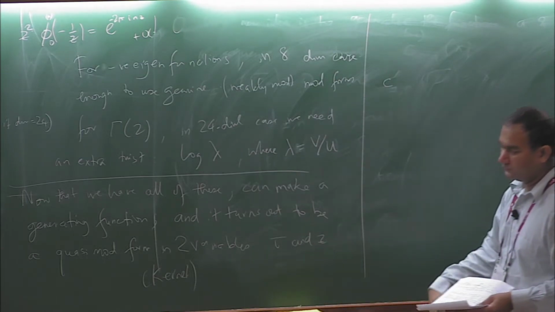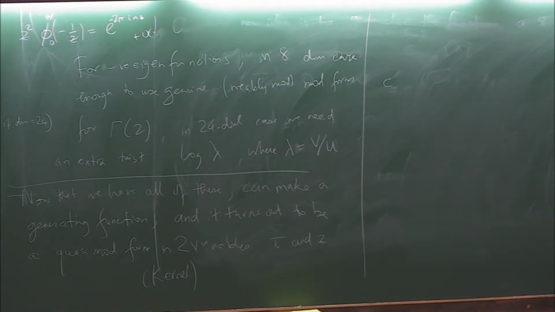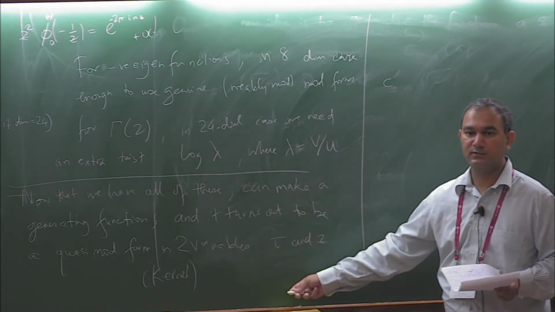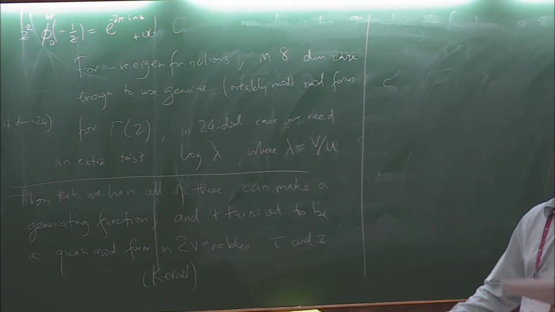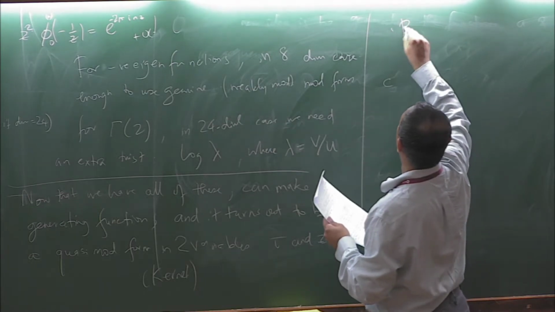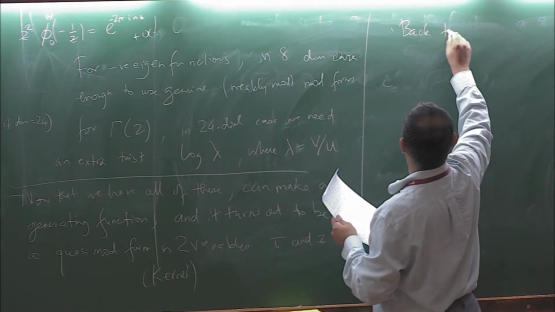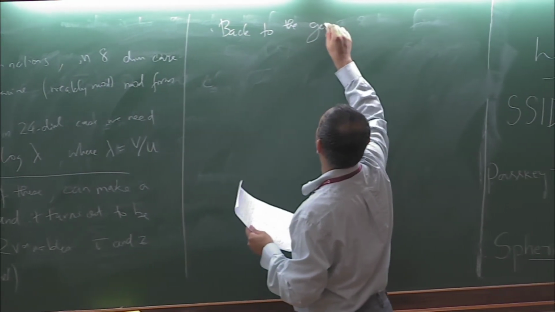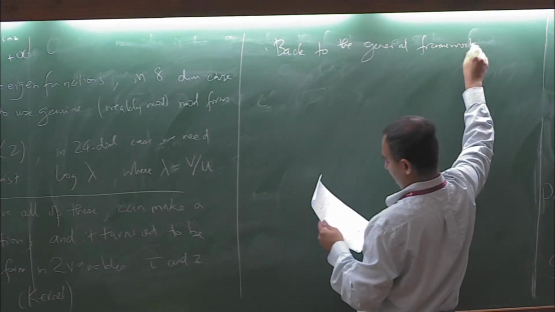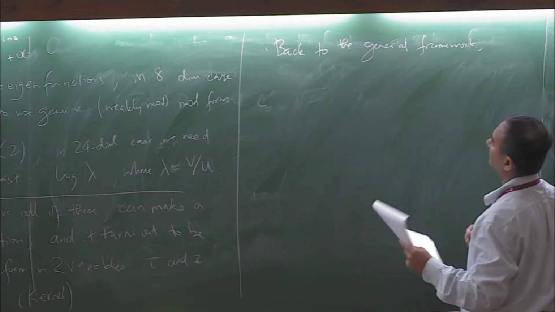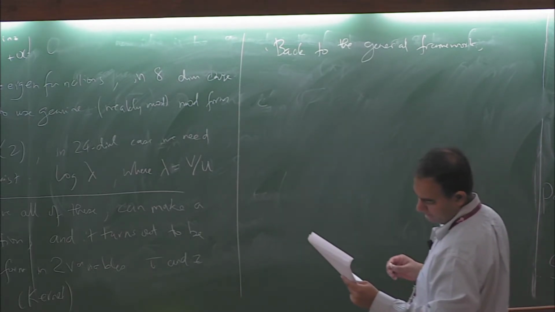When you actually want to prove the Fourier interpolation formula, it turns out it's better to start with that kernel, whose form you've sort of guessed, and then prove that it has various pleasant properties. So let's go back to the general framework, where it's a little easier to prove things.